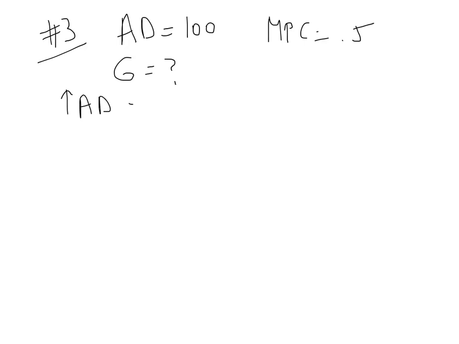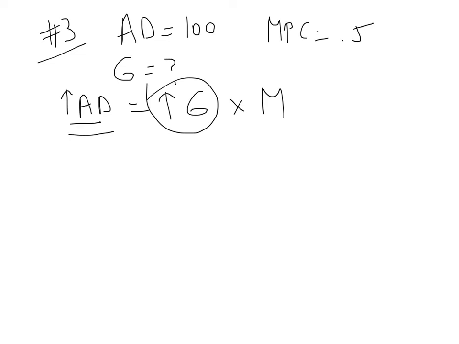To eliminate a shortfall of 100 billion, so this time we know aggregate demand, a shortfall of $100 billion when the economy has an MPC of 0.5, then the government should increase spending by how much? Well, we are going to use the same formula. So increase in aggregate demand is increase in government spending times the multiplier. Now, we know the aggregate demand in this case, but we don't know the government spending.